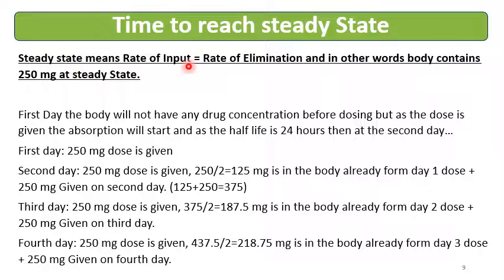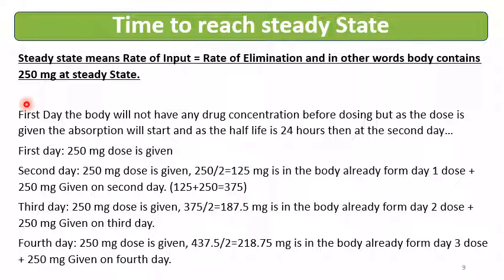Steady state means the rate of input is equal to the rate of elimination, and in other words, the body contains 250 mg at steady state as per the bioavailability of the 250 mg. This is a very simple definition. Now on the first day you have given 250 mg of the dose. In the morning at 8 o'clock you have given 250 mg to the patient.